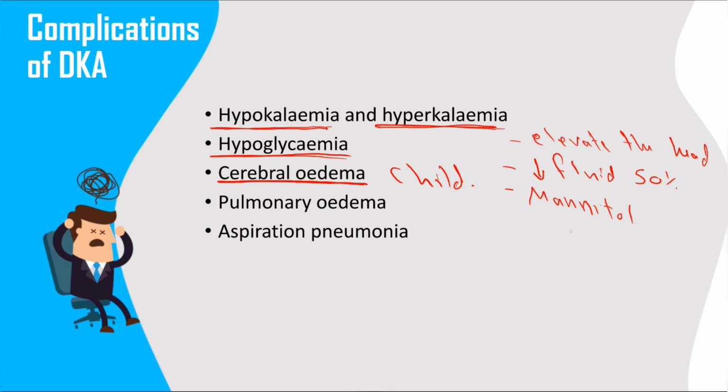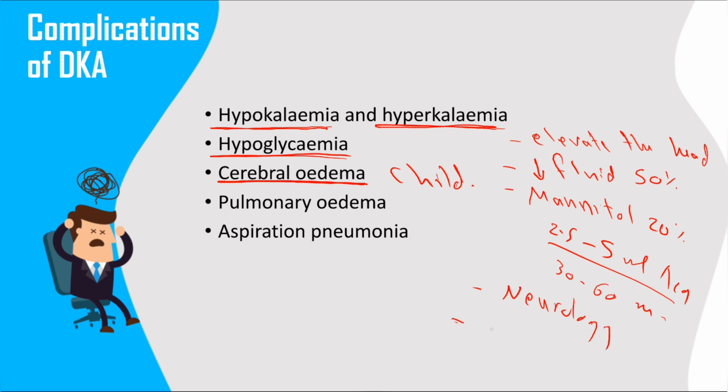The mannitol dose is usually 20%. You give 2.5 to 5 mL per kg. You give it over 30 to 60 minutes, and you have to consult neurology. If the patient has lost consciousness, then you also call the ICU for possible intubation.